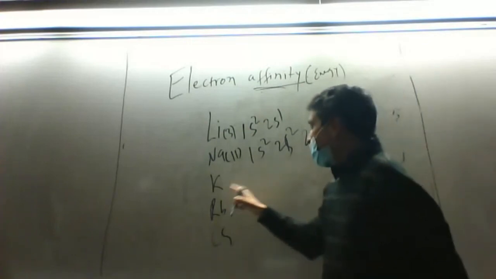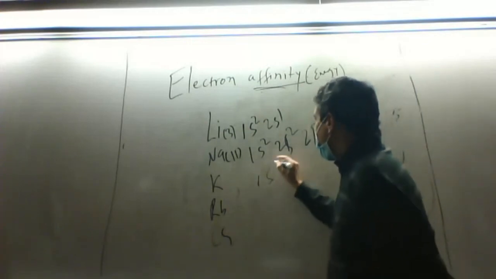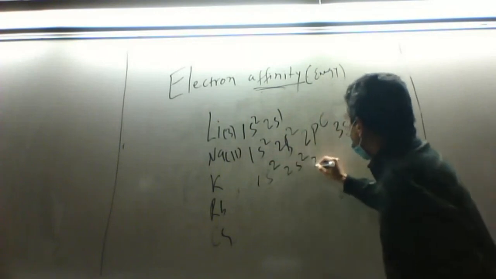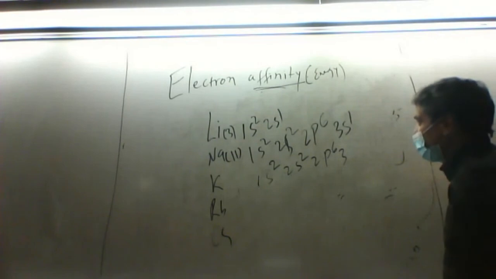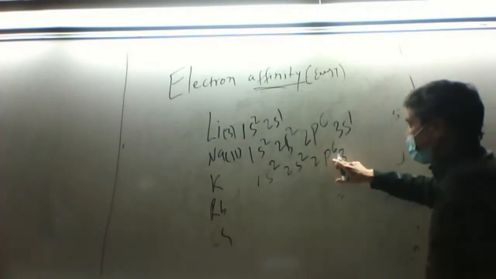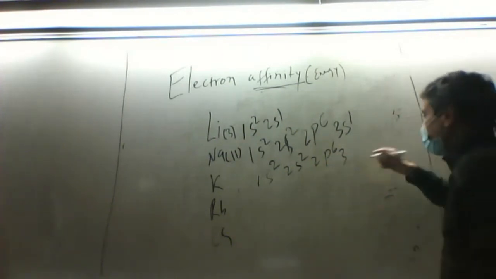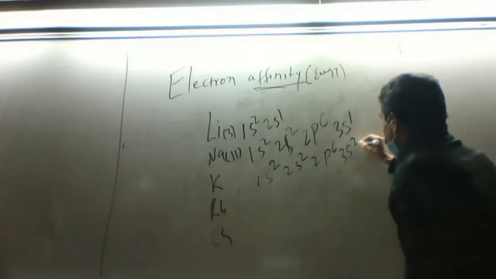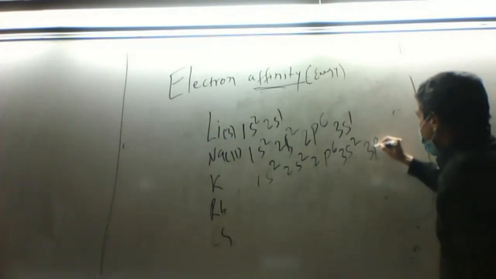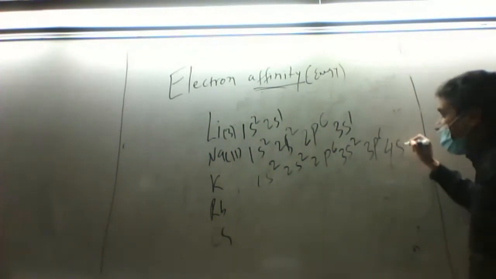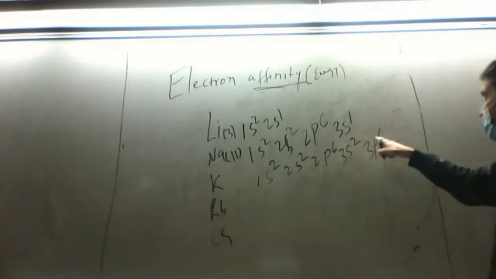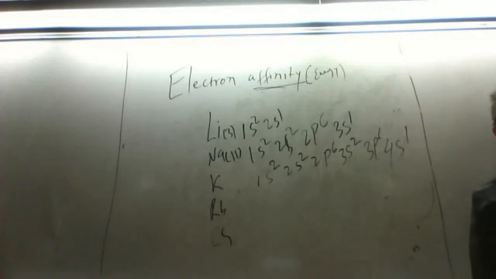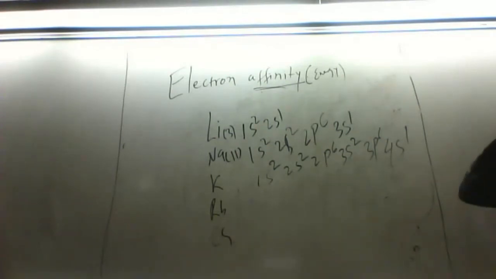Now if you go here, that is 19, so everything is the same: 1s2, 2s2, 2p6, then 3s2, 3p6, and 4s1. So this looks like this, right? That's how we practiced the electronic configuration previously.